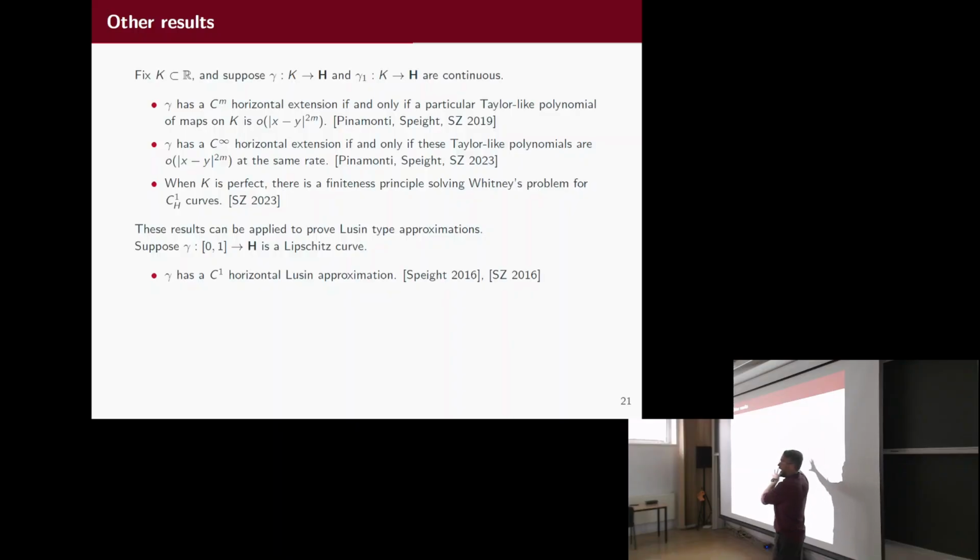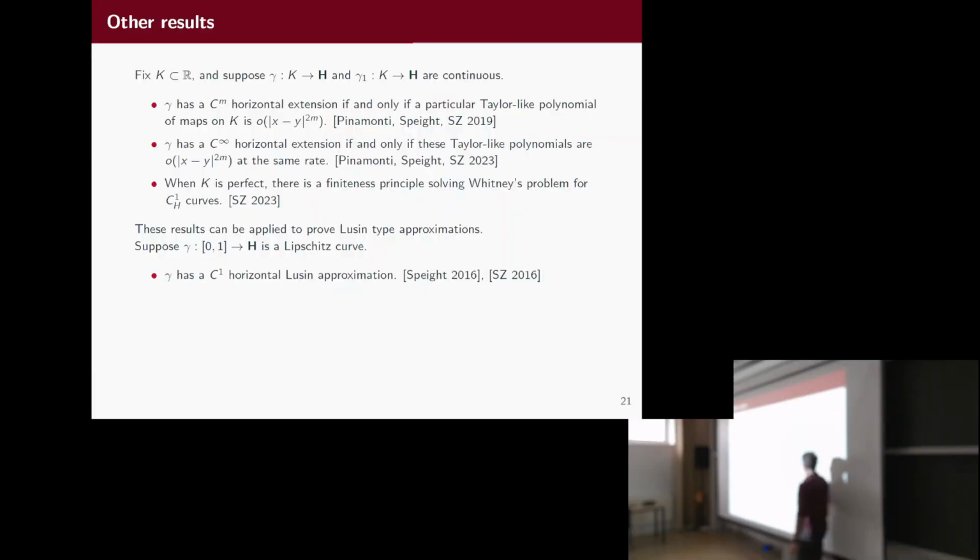It's just saying that stuff that works in Euclidean space also works in the Heisenberg group in a very natural way. And then we also have these Lusin type approximations, and that's what I'm going to focus the rest of my talk on. I'll explain what those are. First, let me tell you some results, then I'll define it. So don't worry, it'll make sense when we get there.